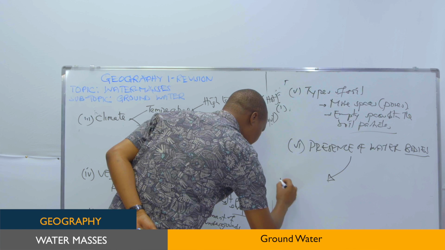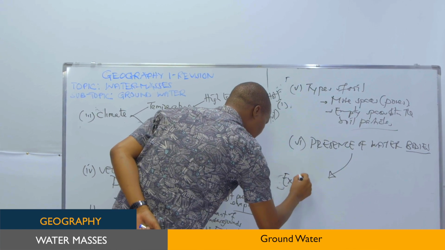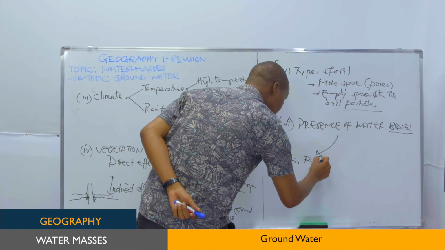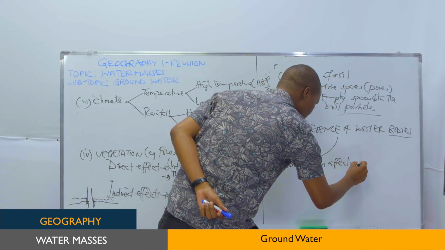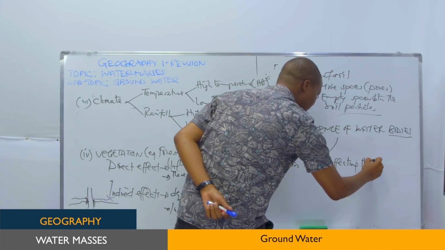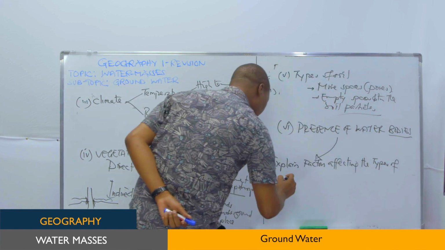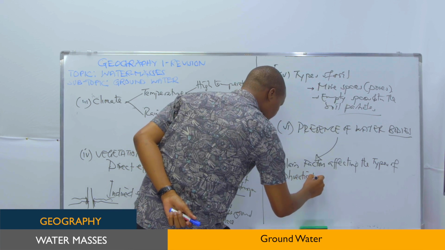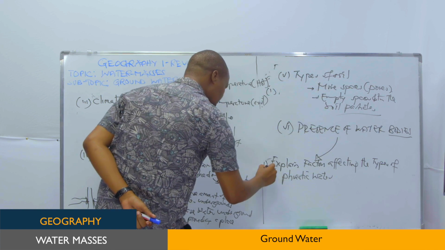Explain factors affecting the types of fresh water. This is the first question.